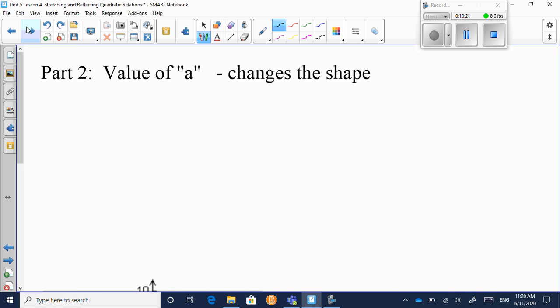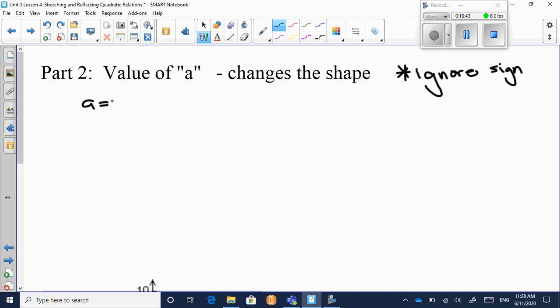Okay, part 2, we're going to look at the value. And basically the value of A changes the shape. So for the next little bit, let's ignore the sign, because we know what the sign does. We know that the sign, if it's positive, it's up. If it's negative, it's flipped over the x-axis. So let's ignore the sign for just a minute. And so look at this.